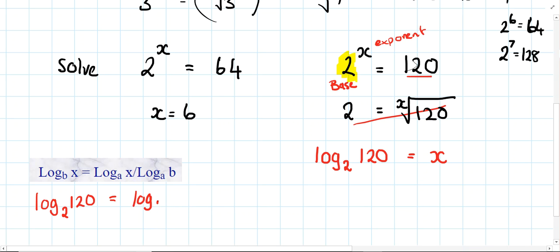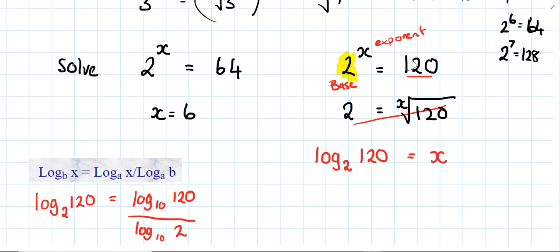So log to the base 10, which we just write as log on our calculator, of x, which is the 120, divided by log to the base 10 of b, the base, so 2. That's called a change of base formula.